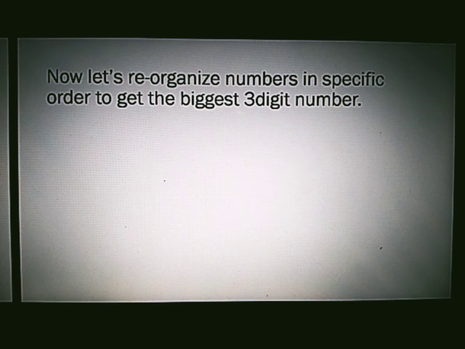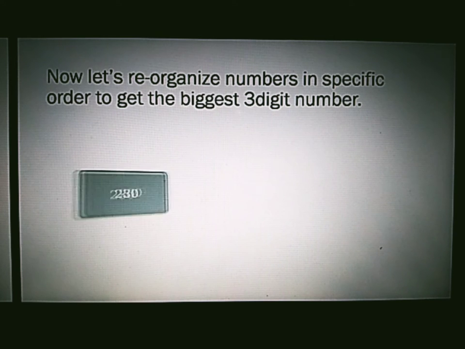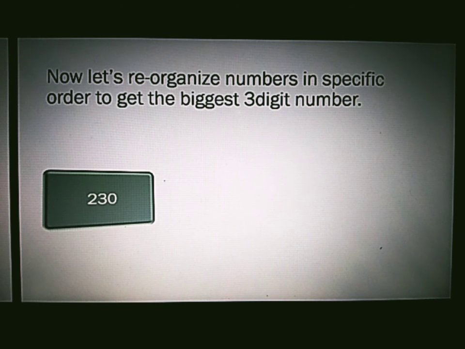Now let's reorganize numbers in specific order to get the biggest 3-digit number. One more example of that. Suppose if number given is 230, what we will have to do to create the biggest 3-digit number out of this 2, 3 and 0 number?